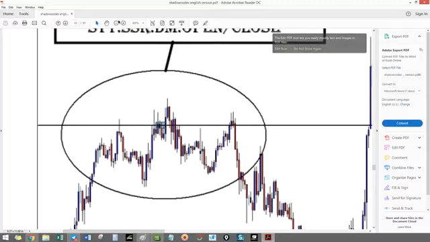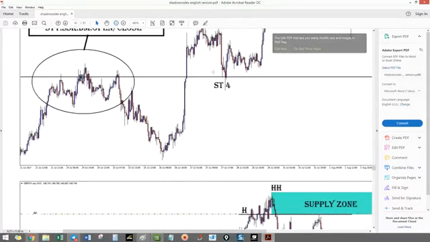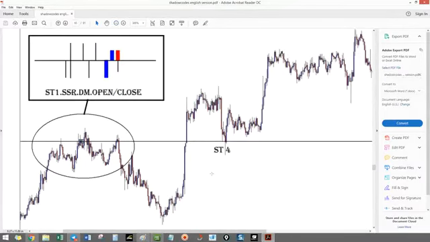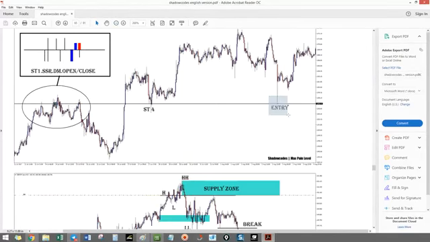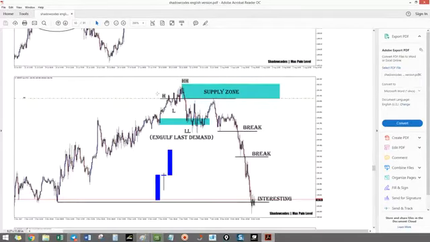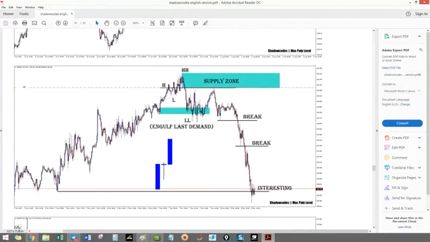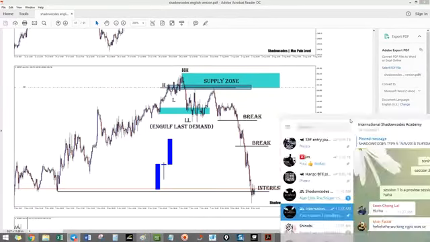And then your entry is like this. ST4 is a reverse price. So you got your entry there, right? So this is also a fifth element entry.